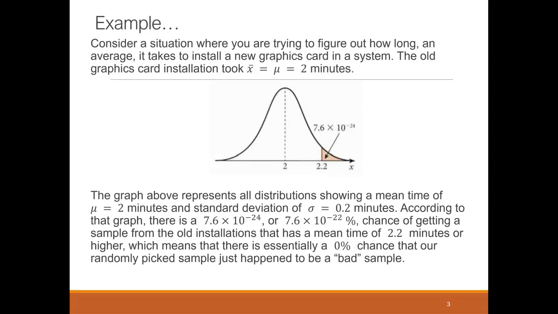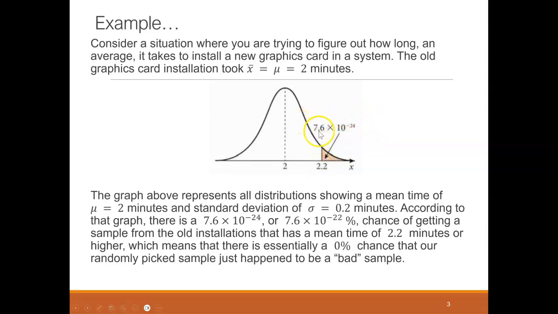Because the shape is symmetric. In general, this type of distribution is called a normal distribution. We'll talk more about those later. If this is 2.2, this little area underneath my distribution represents the probability that I get a sample whose mean is 2.2 or less.